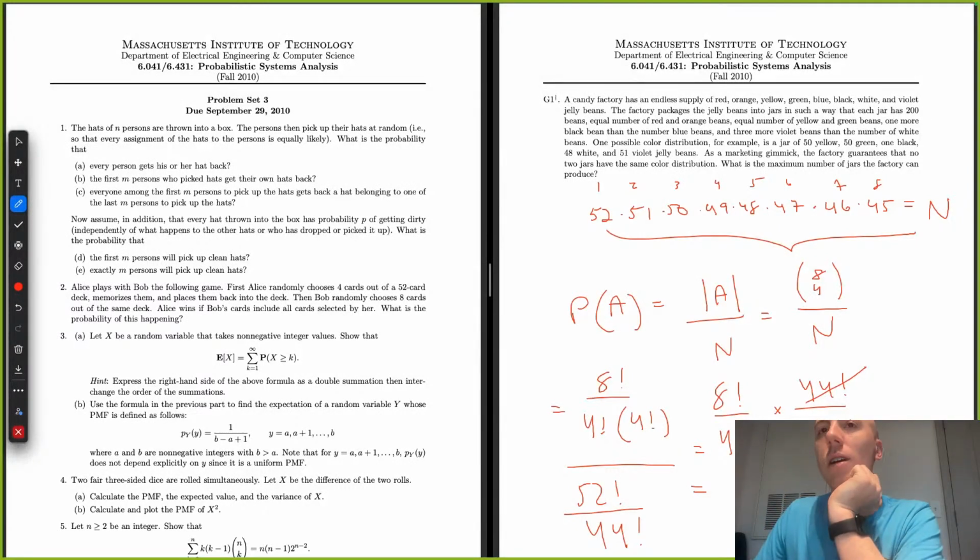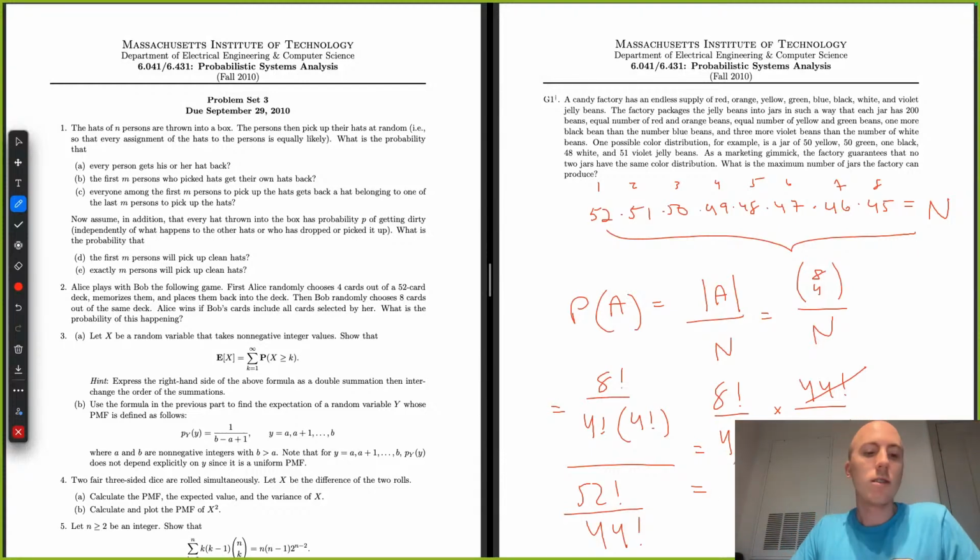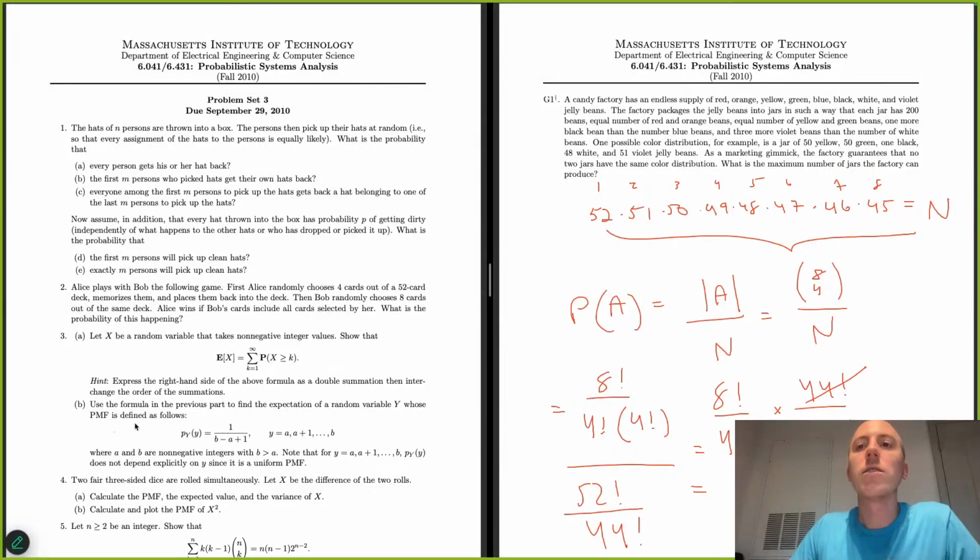Not even factorial. If you wanted to write it even more simply, it's 52 times 51 times all the way down to 45. Any way to simplify this? Yeah, you could, but I think we can just do it out with the calculator at this point.